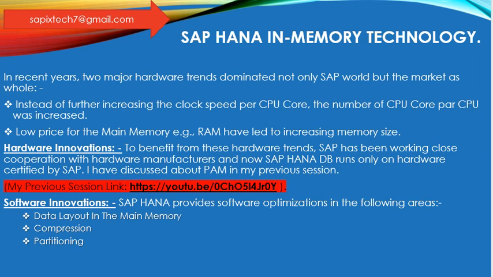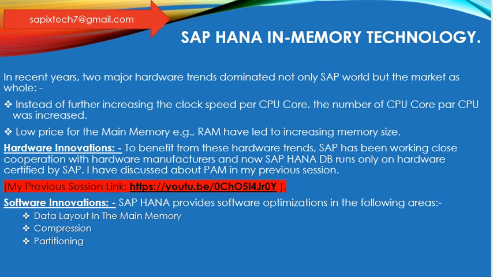So it was the hardware innovation, and to benefit from this hardware innovation, SAP was working closely with hardware manufacturers, and finally SAP came with SAP HANA DB, which runs only on hardware certified by SAP.